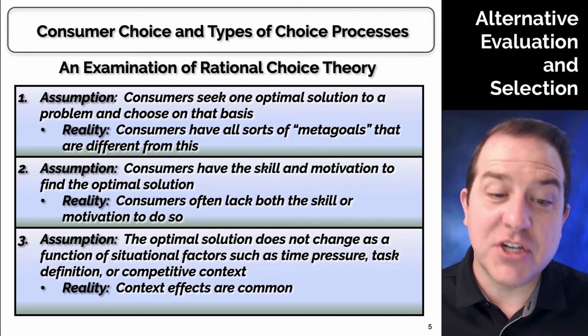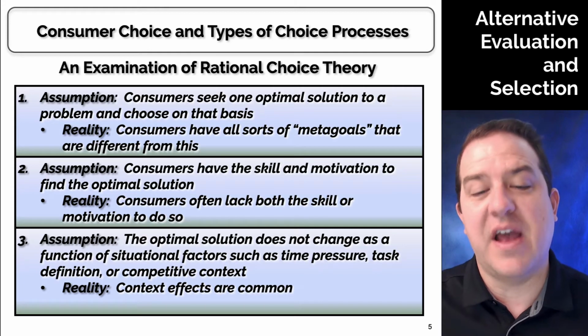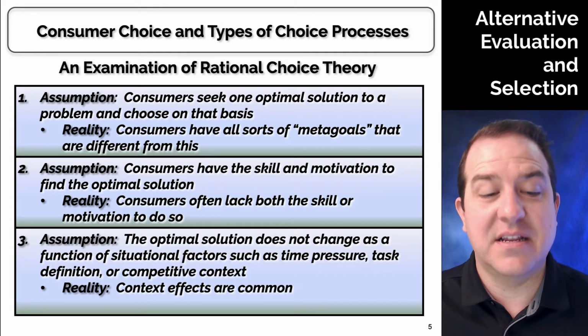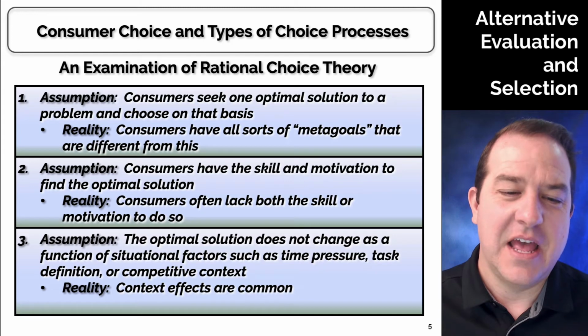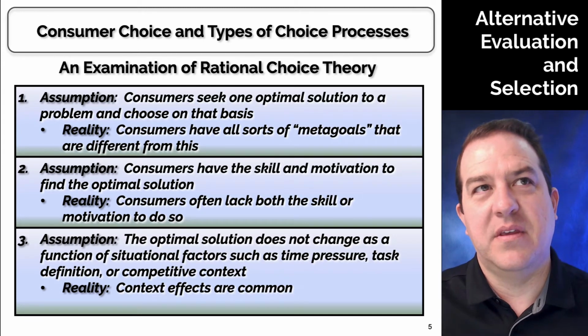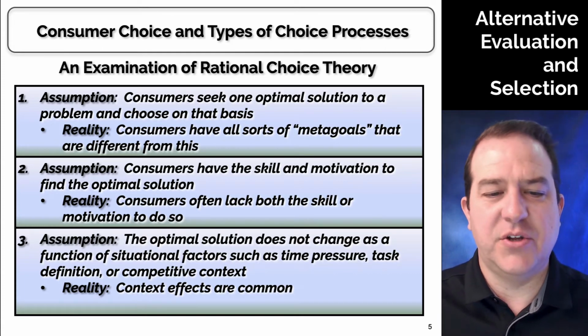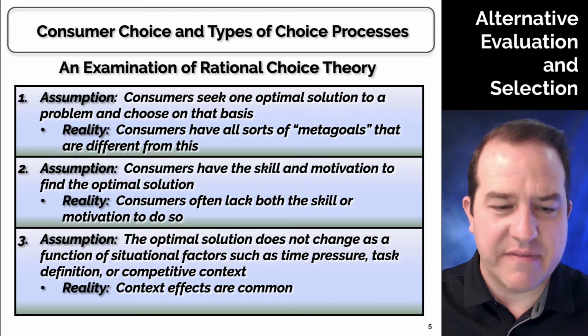Assumption number three, the optimal solution does not change as a function of situational factors such as time pressure, task definition, or competitive context. Meaning that we would make the same decision if we had unlimited time, unlimited tasks to do, and weren't constrained by any of that.